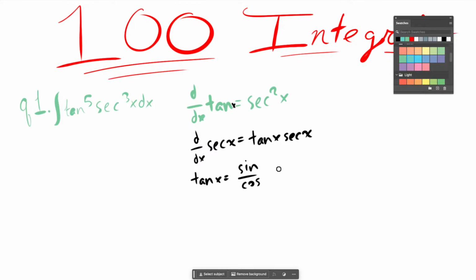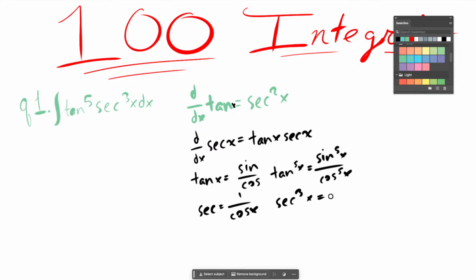So that means tan 5x equals sine 5x over cosine 5x. Since secant equals 1 over cosine x, that means secant cubed x equals 1 over cosine cubed.